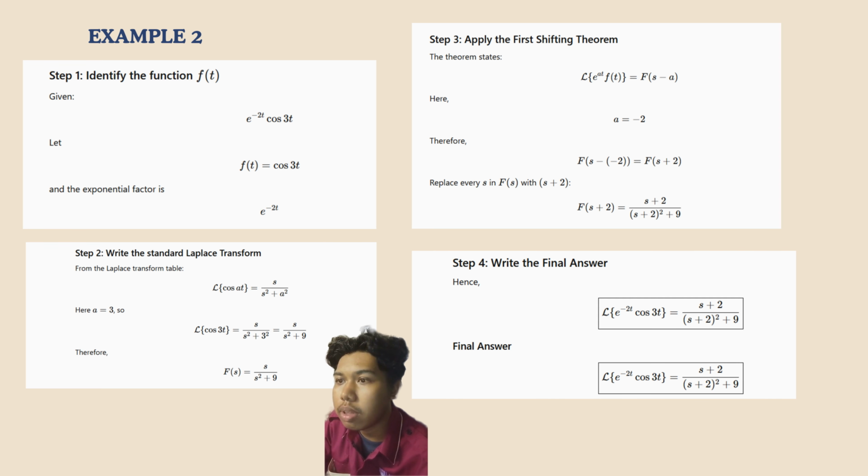The theorem states here, therefore, and replace every s in F(s) with s positive 2. And then step 4, write the final answer. Hence, and the final answer we can get. So that's all from me. I will pass to the next presenter, Logeshwaran.